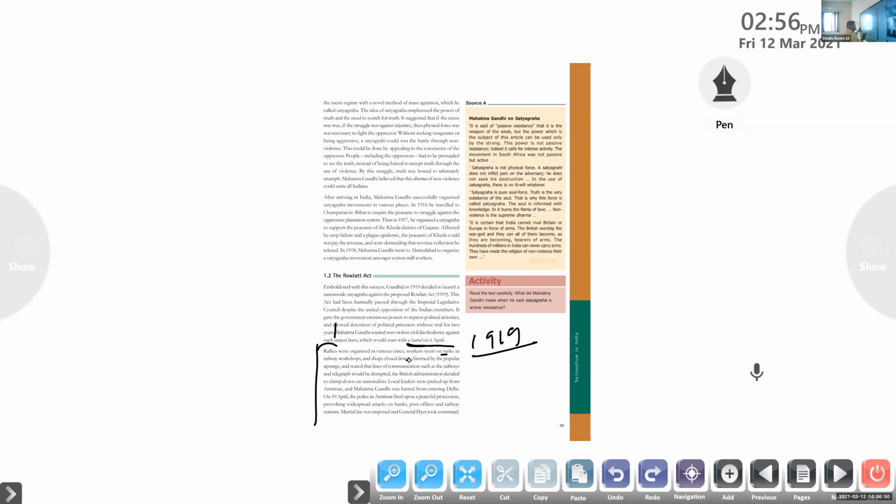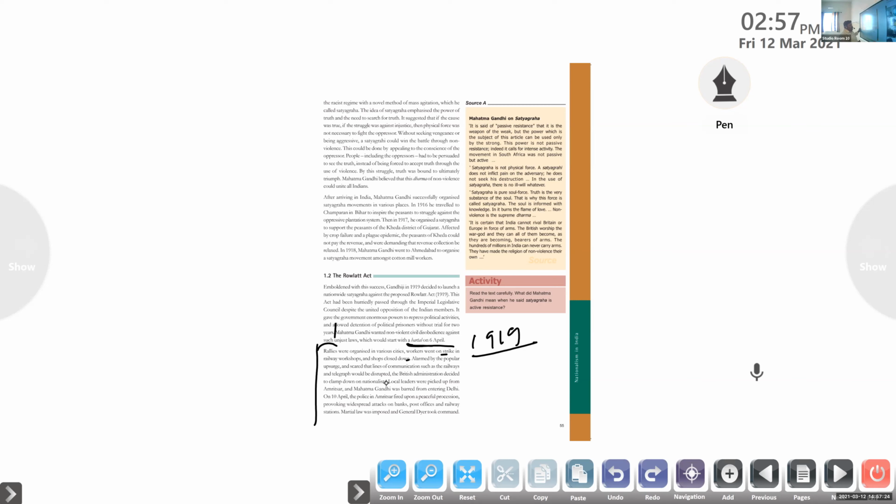Alarmed by the popular upsurge, the popular movement, and scared that lines of communication such as the railways and the telegraph would be disrupted, the British administration decided to clamp down on nationalists. How did the Indians react against the Rowlatt Act? The workers went on strike, rallies were organized, it started with the hartal on 6th April 1919, and railway workshops and shops were closed down.